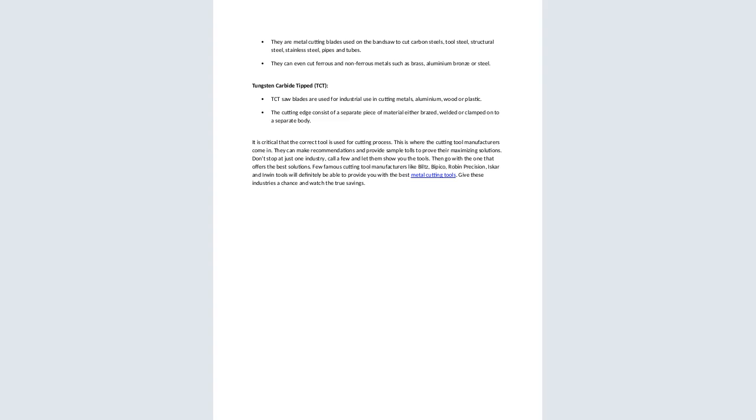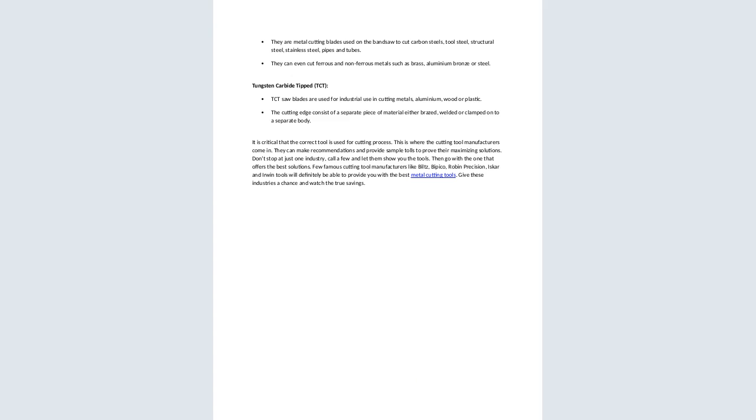Another one is the bimetal bandsaw. Bimetal bandsaws are metal cutting blades used on the bandsaw to cut carbon sheets. So we have also carbon sheets, tool sheets, structural steel, stainless steel, pipes, and tubes. They can even cut ferrous and non-ferrous metals such as brass, aluminum, bronze, and steel.